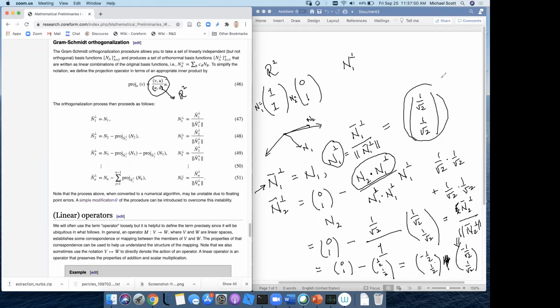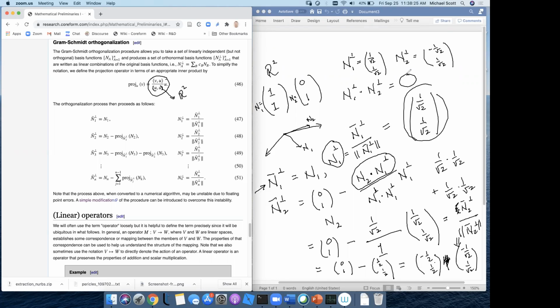So we've got this guy, and then if you take the dot product, if you take n1 dotted with n2, what do you get? 0, because they're orthogonal.